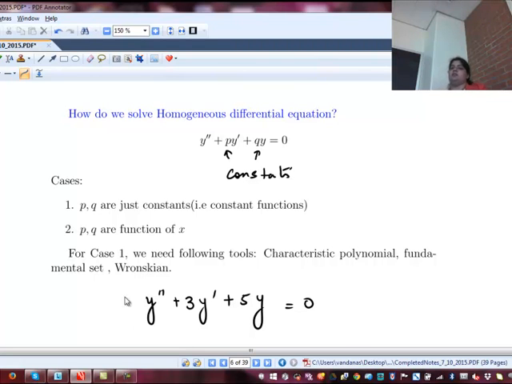You have seen this kind of differential equation in written homework 1. What were you doing with those differential equations? You were plugging in e to the power lambda x, right? And then you were trying to find the lambda.